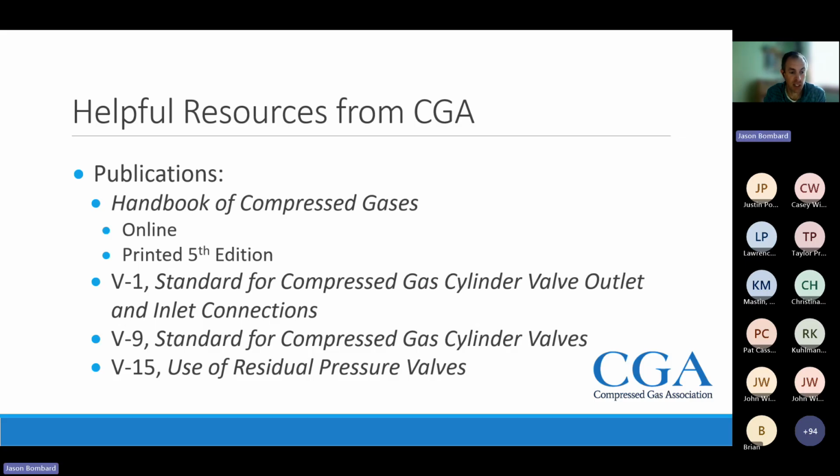V1, which is the standard for compressed gas cylinder valve outlets and inlet connections. V9 is the standard for compressed gas cylinder valves, and V15, which is the use of residual pressure valves. Touching on safeties, I didn't get into safety relief valves at all, but S1.1 is a great reference for that as well, if you're looking for more information on those.